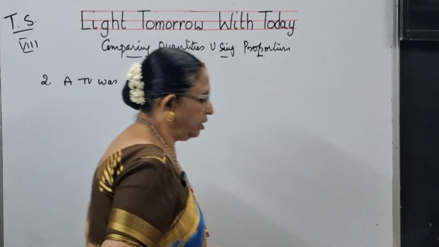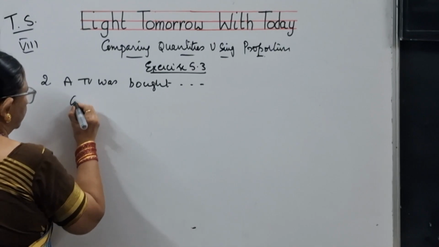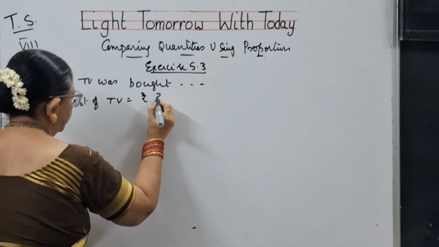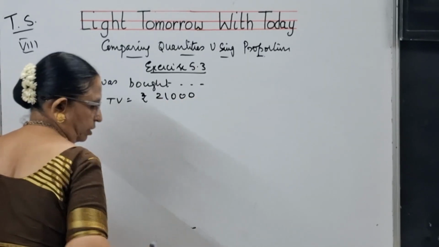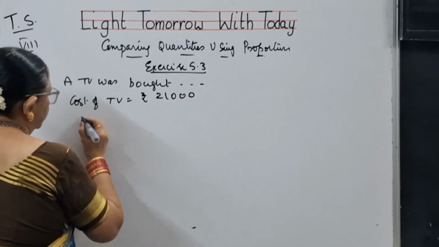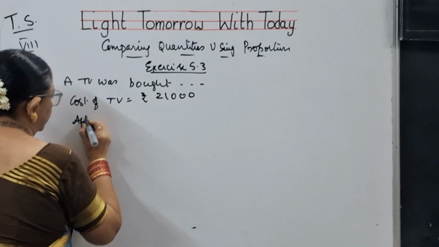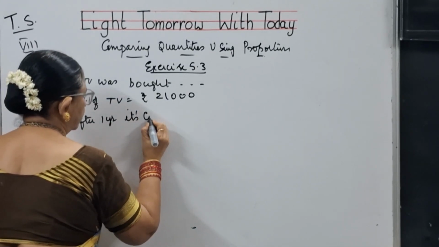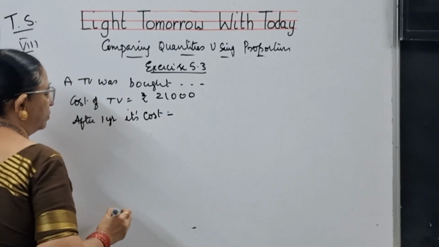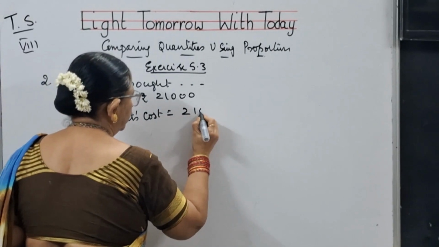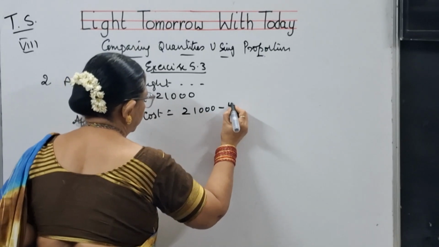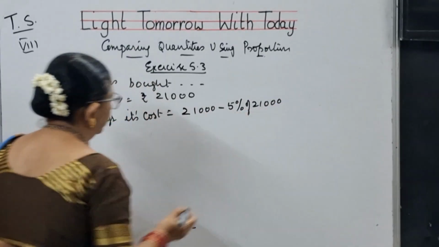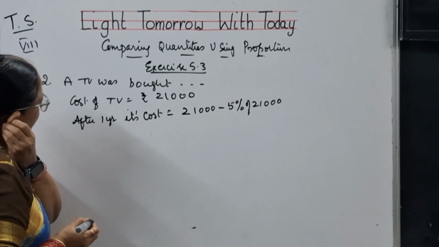So, what is the cost of the TV? Cost of the TV is rupees 21,000. So, after 1 year, its cost is equal to its original cost minus 5% of the original cost. 5% of the original cost it got reduced.